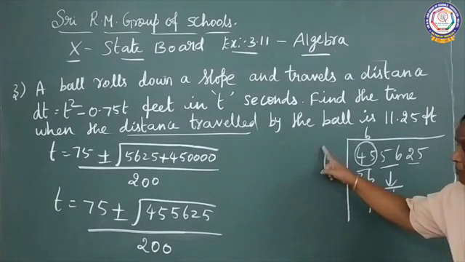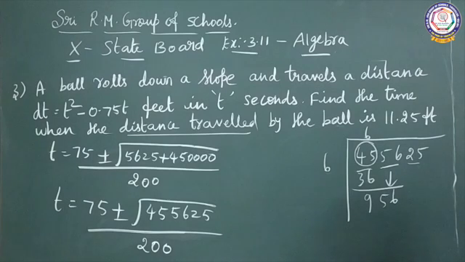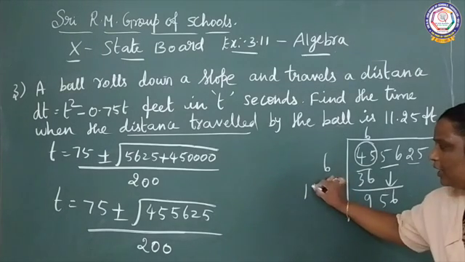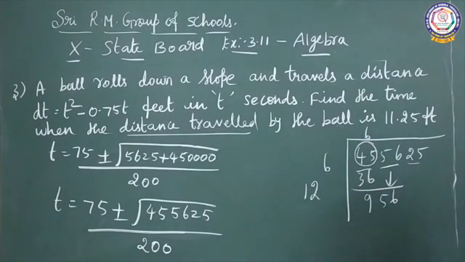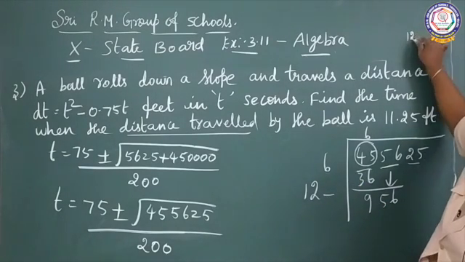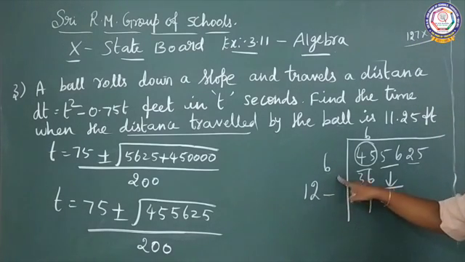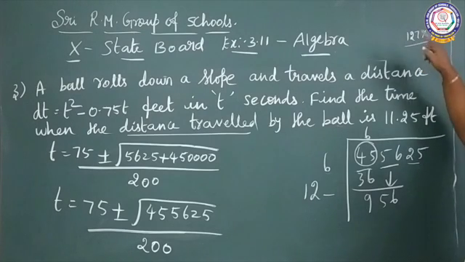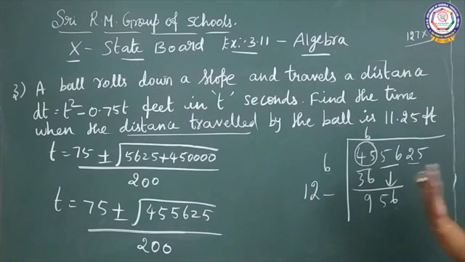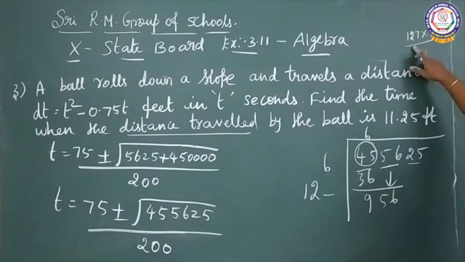You multiply the 6 by 2. 6 twos are 12, so you will put 12 with a blank. Whatever number you choose here, you put the same number there. So 126 into 6, 125 into 5, 128 into 8, or 127 into 7.